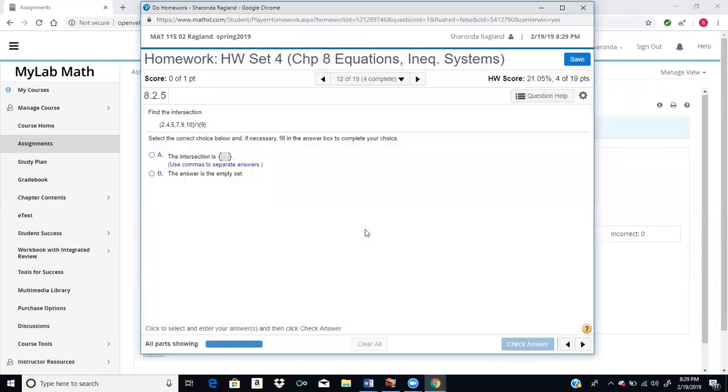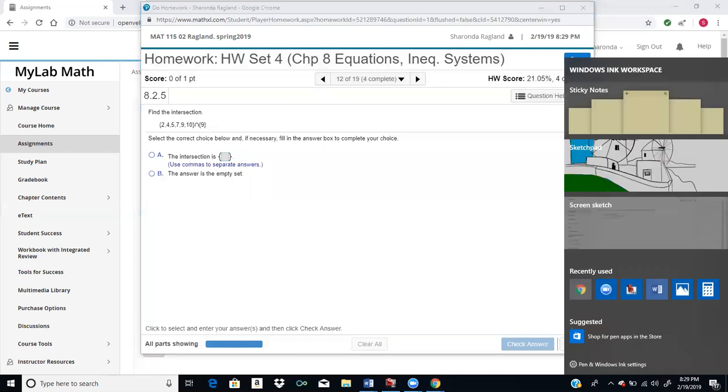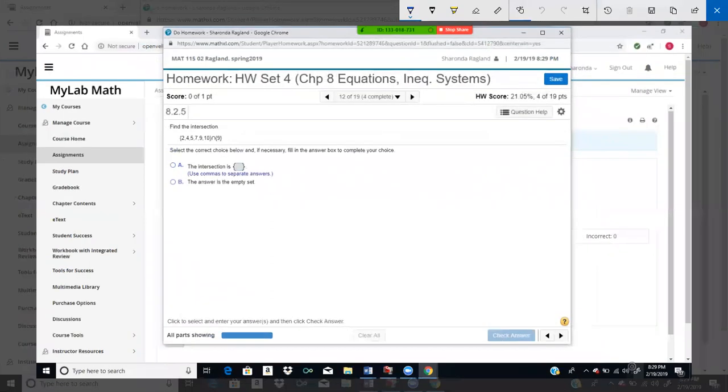All right, so now we get into the concepts of intersection and union. Note that for intersection, the symbol is an upside down U. Think about when you have overlapping sets.